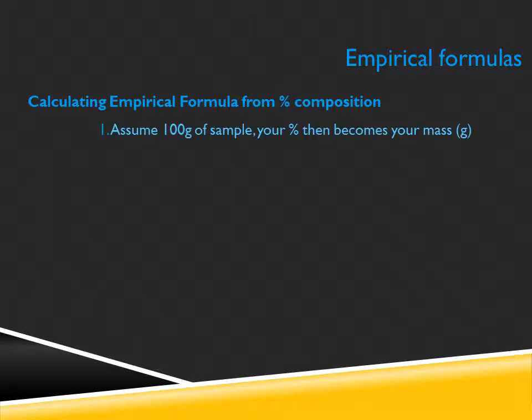This extra step is that we assume that we have a sample of 100 grams. And so you can convert all your percentages into grams. And once you have the grams, you can convert from grams to moles, find the mole ratio, and then write the chemical formula.